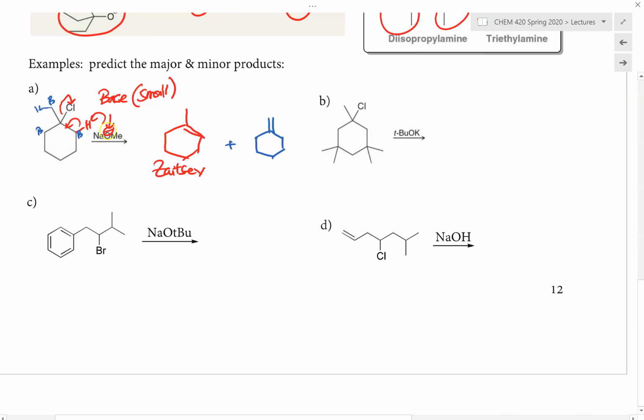So when the base comes in and picks up either this hydrogen from this beta carbon or this one from this beta carbon, we will produce the same product. But when it picks up this hydrogen from this beta carbon, then we would form the other product. So this would be the major product, and this would be the minor product. And this product is called the Hofmann product.